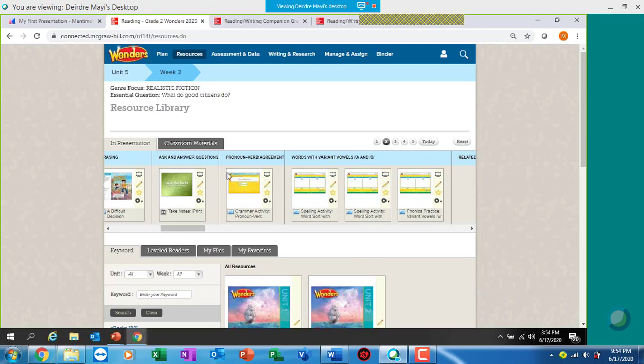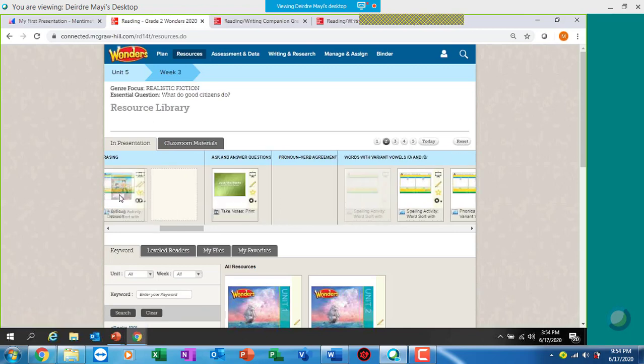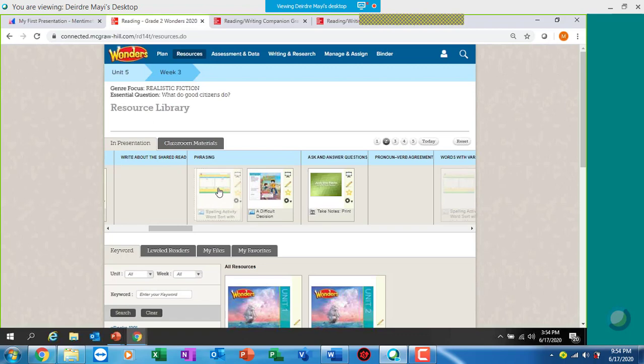It could be that I don't want my students to play this pronoun-verb agreement game. All I have to do is click on the wheel and say, remove this resource from the presentation. It's gone. It could be that I want this game to be played before students read the shared read. I can grab it and put it there. So that's how your presentations get customized.